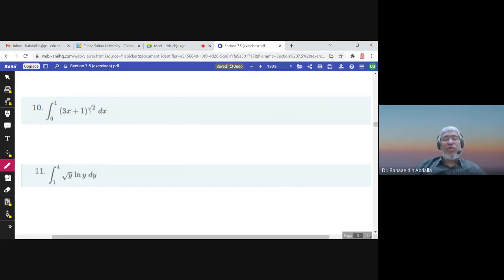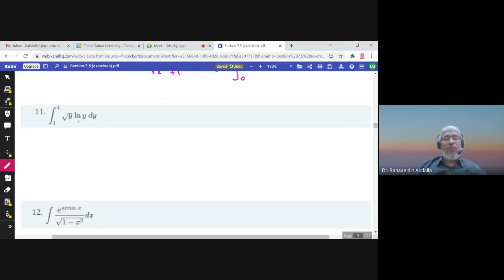Square root of 2 is just a number, so the integral would be (3x plus 1) to the power square root of 2 plus 1, over square root of 2 plus 1, times 1 over 3, the derivative of 3x plus 1. And you can evaluate this from 0 to 1 and write the answer.